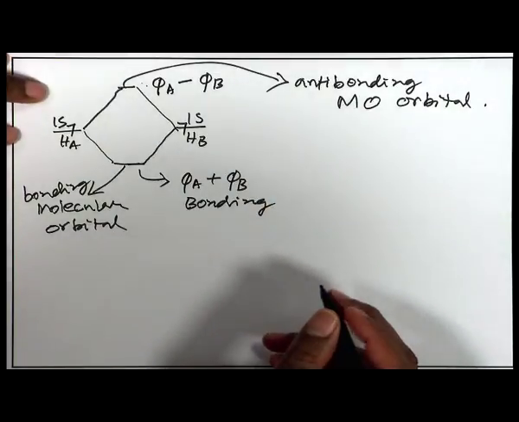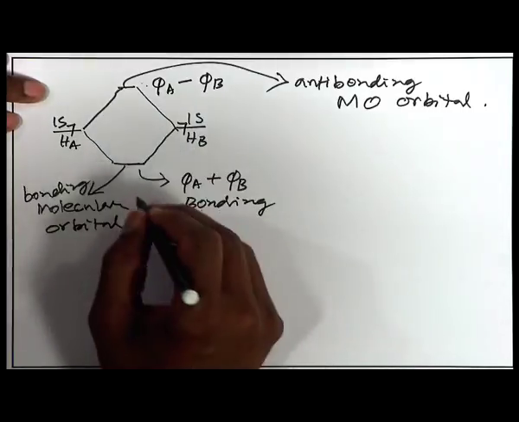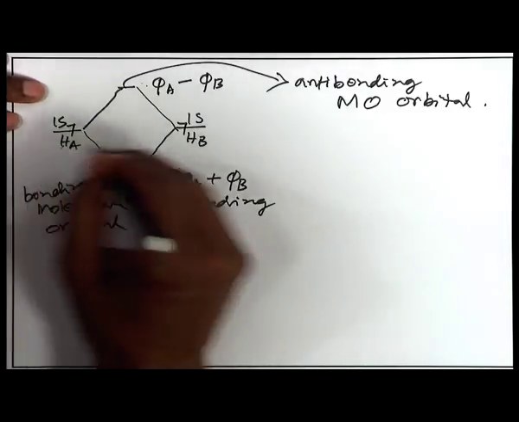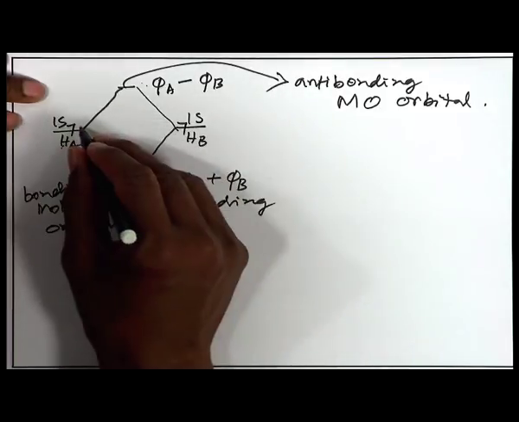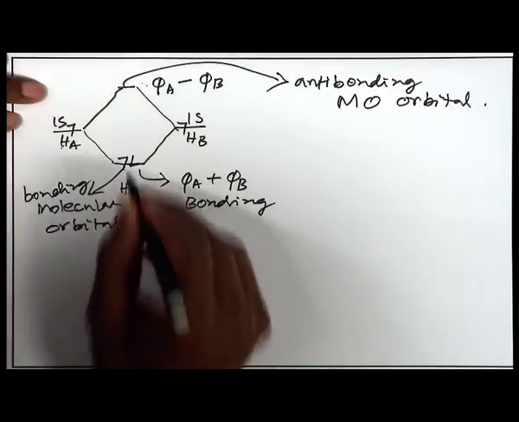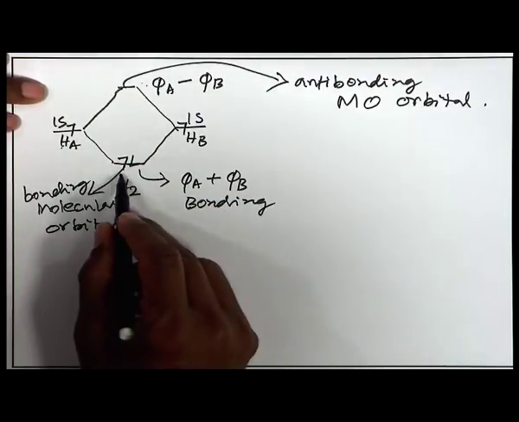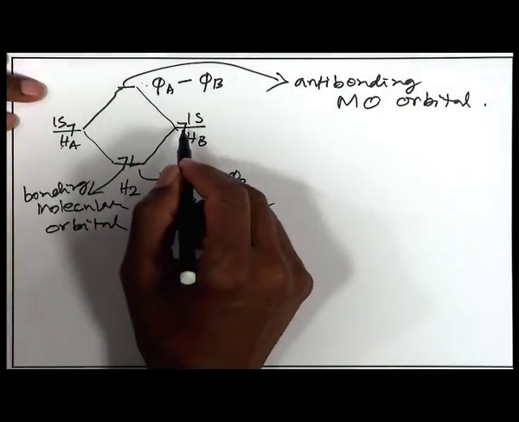Now, if you take a hydrogen molecule itself, so you have hydrogen A, hydrogen B, then here it is a hydrogen molecule. Then these 2 electrons will occupy the lowest energy level. So, both will go to this lower energy molecular orbital. They will not go to the higher energy one.